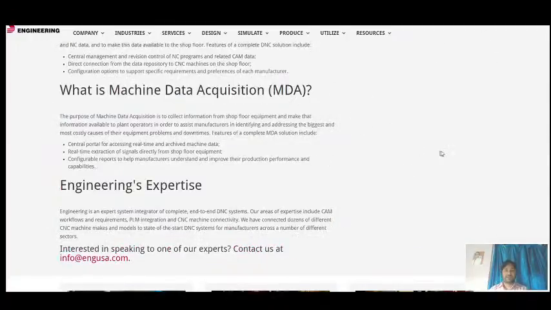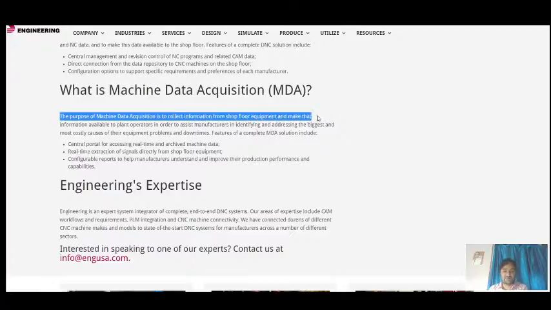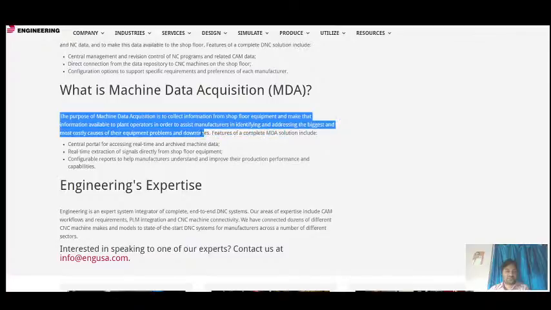So here again, MIS, Management Information System, as you can see, is utilizing the concept of direct numerical control, where again we are using a main computer, central computer. The purpose of machine data acquisition is to collect information from software equipment and make that information available to plant operators, in order to assist manufacturing in identifying and addressing the biggest and most costly causes of equipment problems and downtimes.